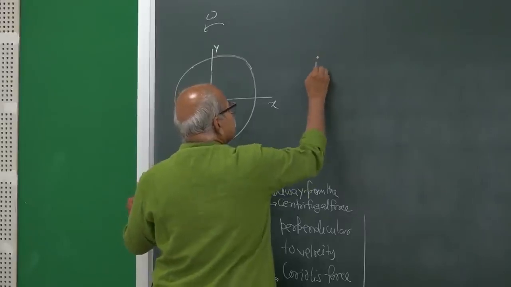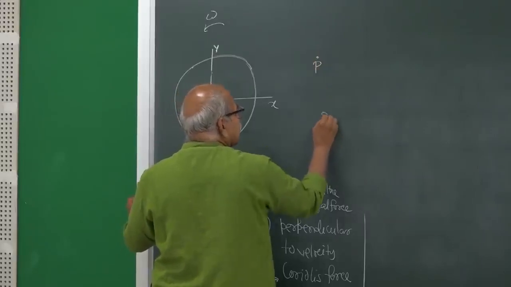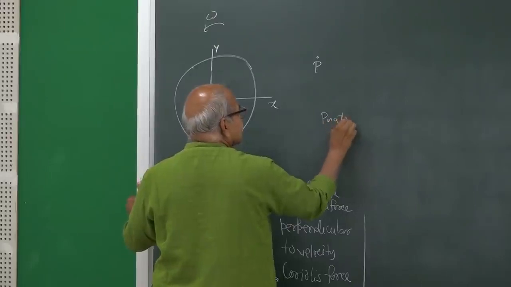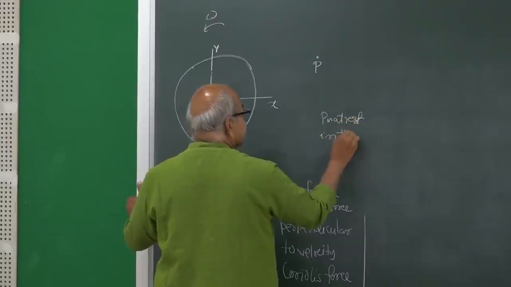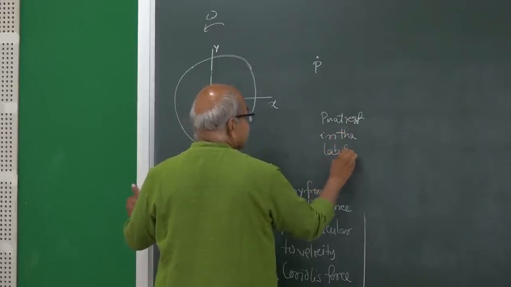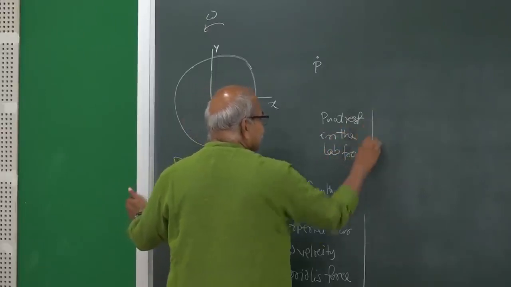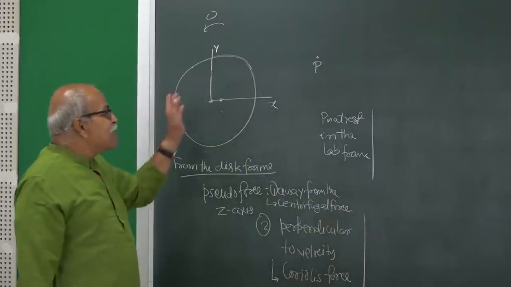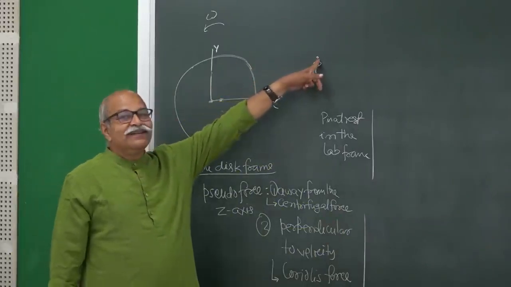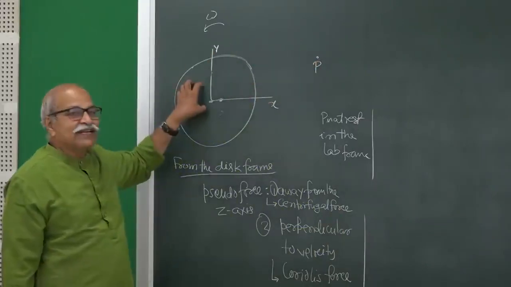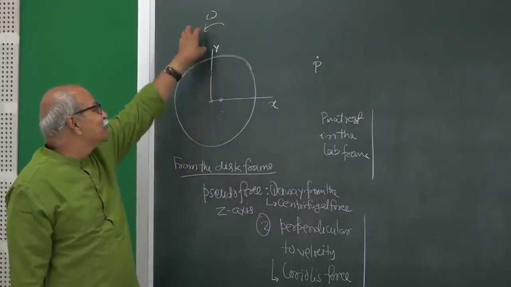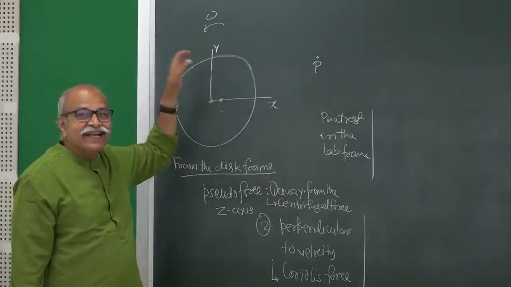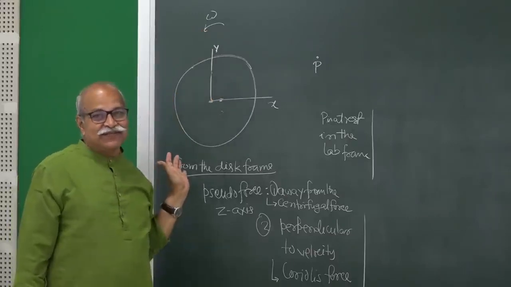This is the particle P at rest in the lab frame. And I am looking at this particle from the disk frame, and the disk frame is rotating with angular velocity omega about the z axis in the lab frame. So, that is the situation.